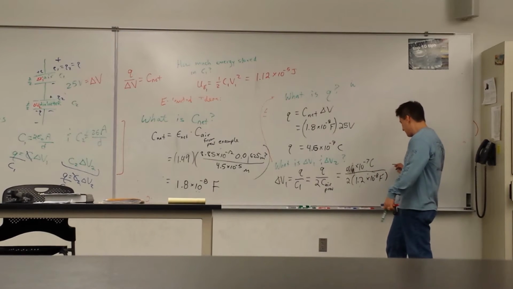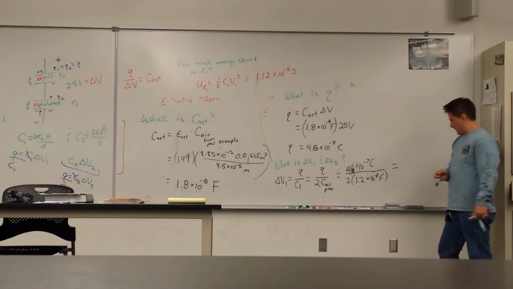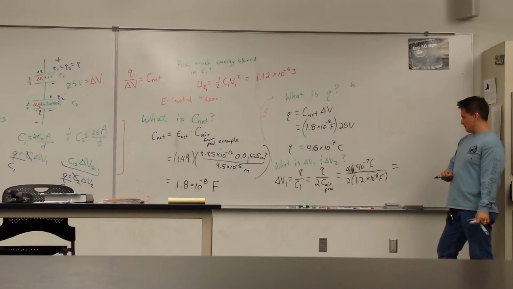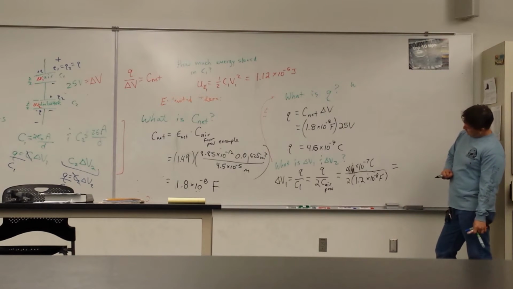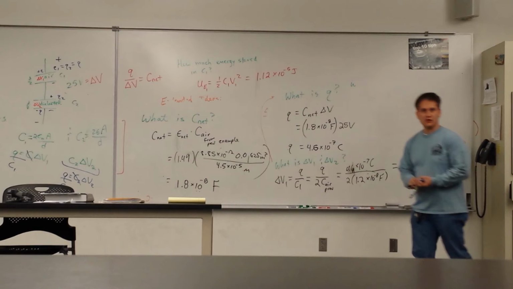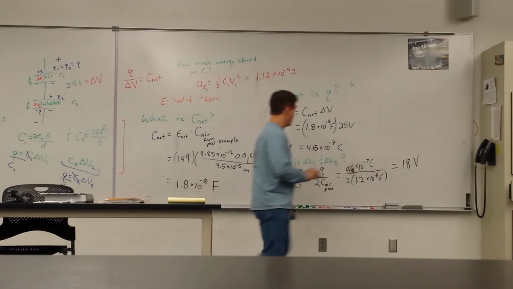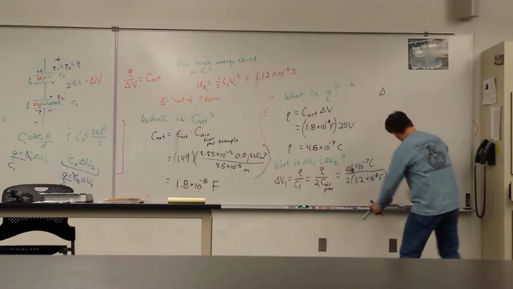So we're taking 4.6 and dividing it by 2.4. What is that? Give or take, 18.